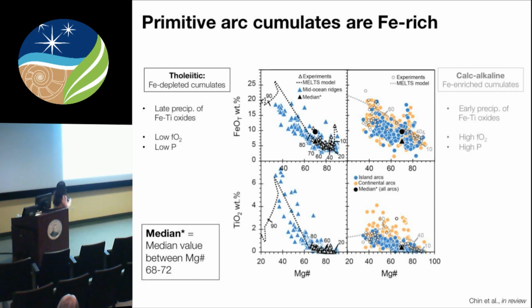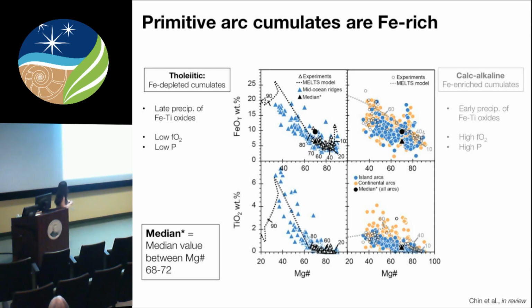And then the cumulates themselves become iron enriched later. And when we plot the actual data from the literature on these models, we see nicely that the MORBs do follow these cumulate trends quite nicely. And we can see in titanium versus magnesium, most MORBs can be approximated as instantaneous cumulates from an isobaric fractionation.